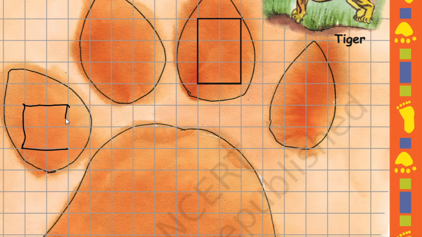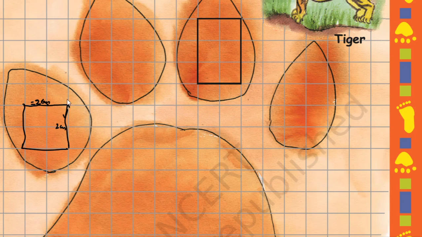First you find the area of this square. Side into side. How many units are there? Suppose you take the unit as centimeter, so what is the side? 2 centimeters. This is 2 centimeter side and this is also 2 centimeter side.